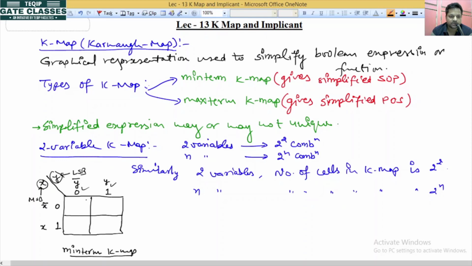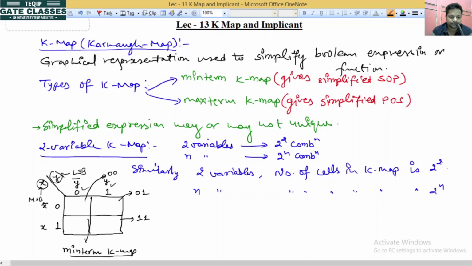I want to write the number which each cell represents. Here we have 0, here we have 0, so this cell will be 00. For this cell, MSB is 0, LSB is 1, so it will be 01. For this we have MSB 1, LSB 1, so it will be 11.